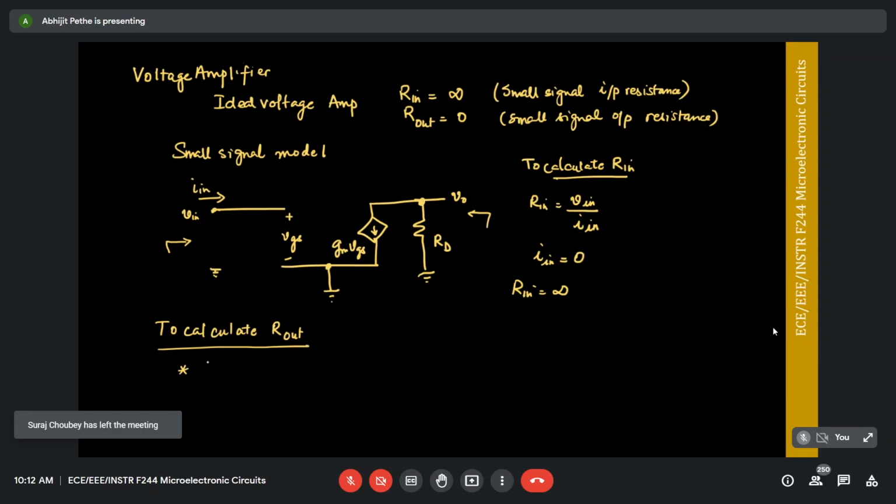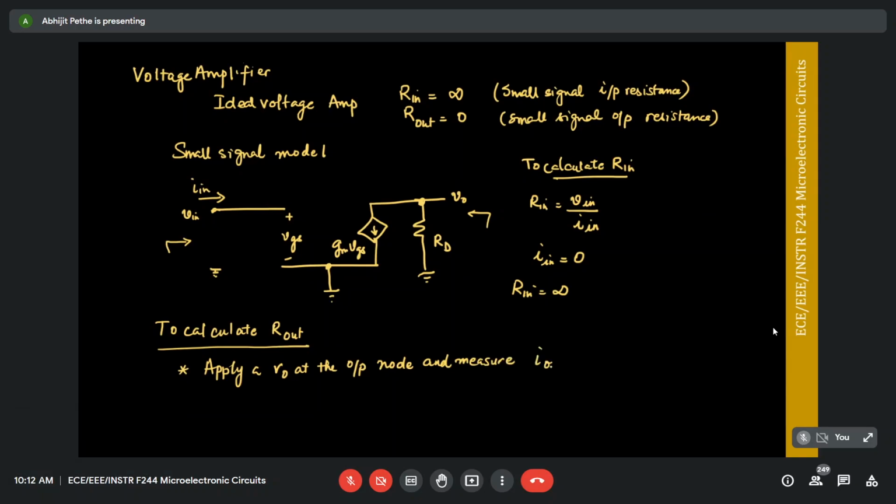what you have to do is apply a Vout at the output node and measure Iout, or measure the current flowing at the output, and before you do that, you have to ground or set all the inputs to 0, right?